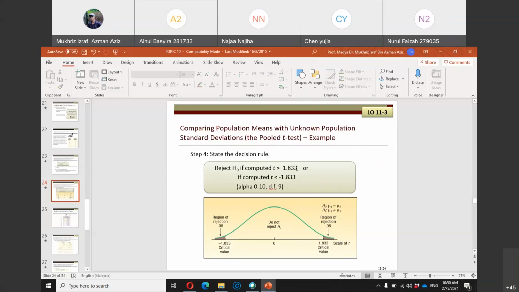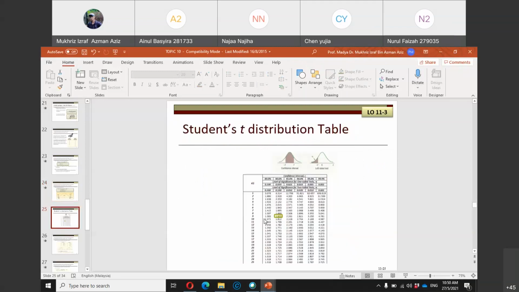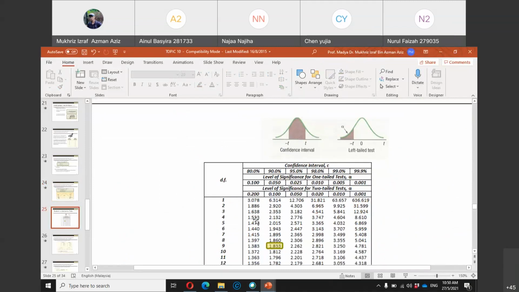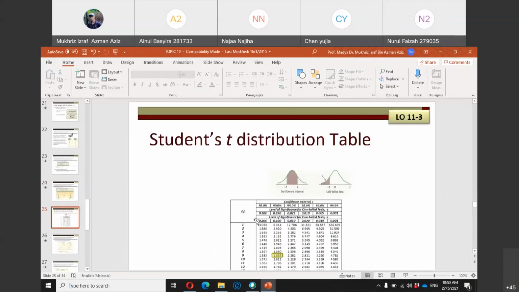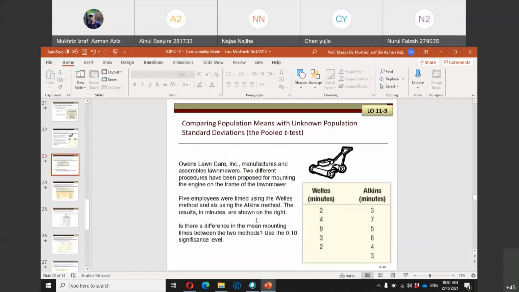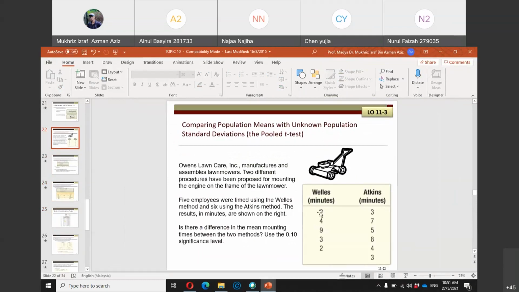So how do you get 1.833? If you refer to the T table, recall how many samples we have in this question: 5 samples from Wallis, 6 samples from Atkins. So 5 plus 6 is 11.